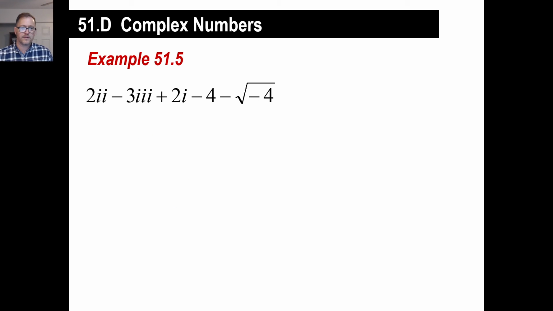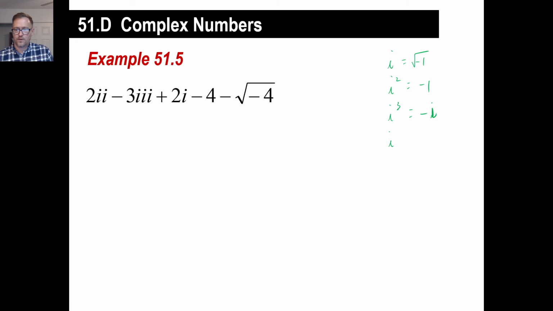Okay, now here it starts looking interesting. This is the kind of problem that we're going to do, but piece of cake after you remember what they are. Now, don't forget your little card or chart or whatever you want to call it, that i is the square root of negative 1, right? i squared is just negative 1. i to the third is negative i.